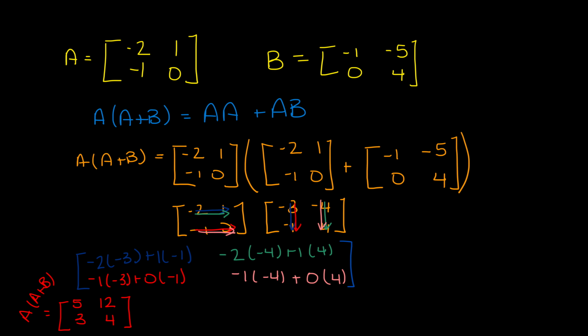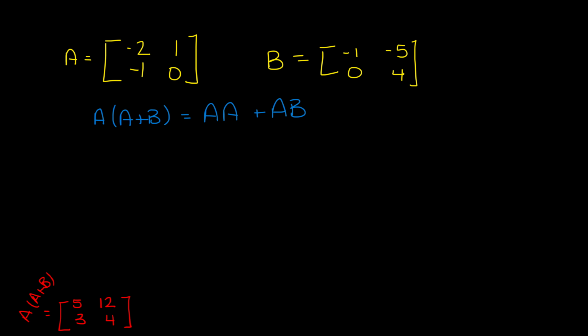All right, so now we're going to do the AA plus AB. So AA is going to equal -2 times -2 plus 1 times -1. And then -1 times -2 plus 0 times -1.